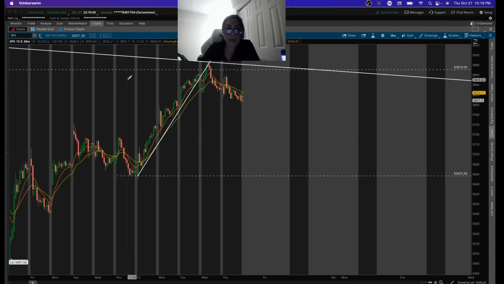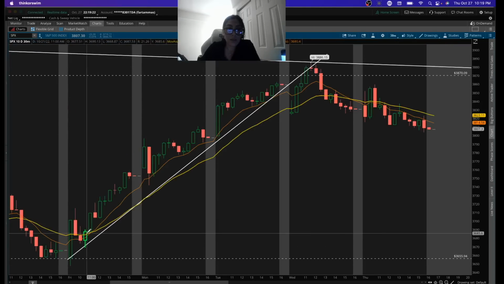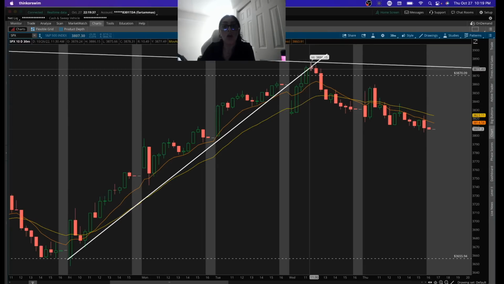The trend line holds that 9 EMA really well, but then the swing low also holds that 21 EMA. It's not until right here where SPX gaps down in the morning, breaks below and gaps below the trend, retests that trend, and then continues back down.